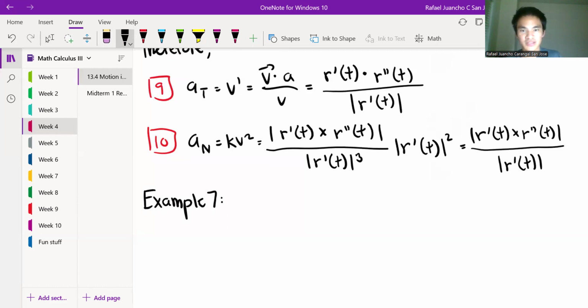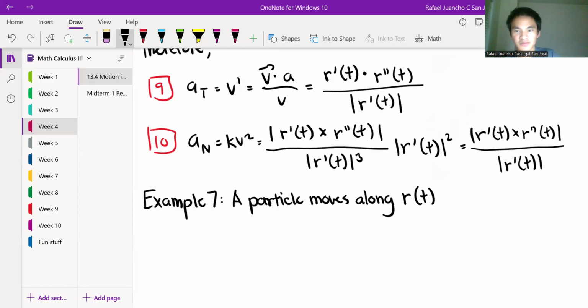So here we're being asked, we're going to go again through a particle. And this particle moves along r of t. So that's my position function with these components, t squared, t squared, t cubed.